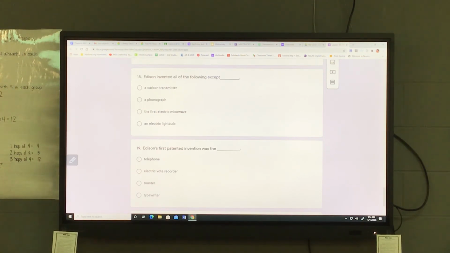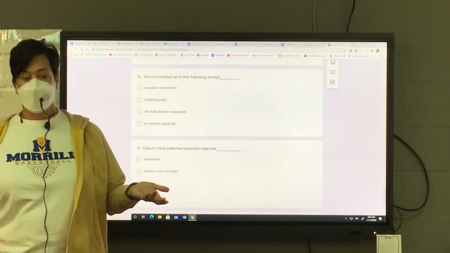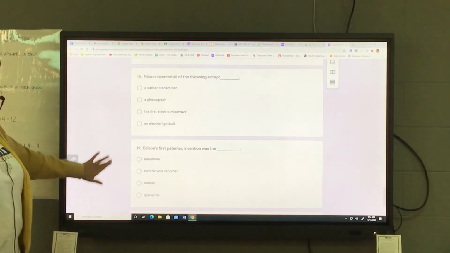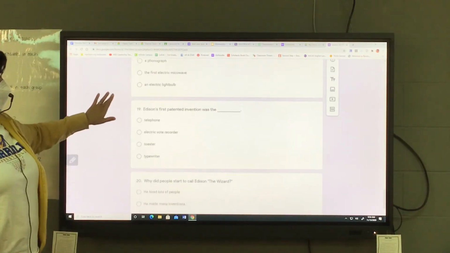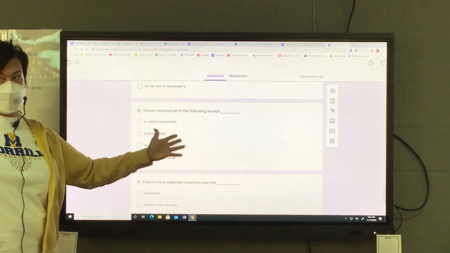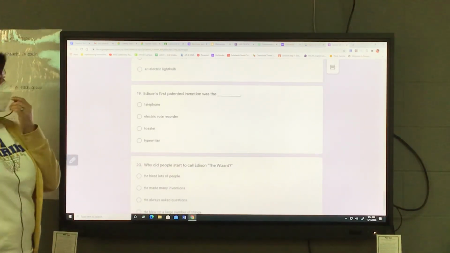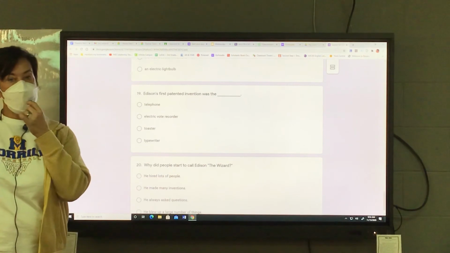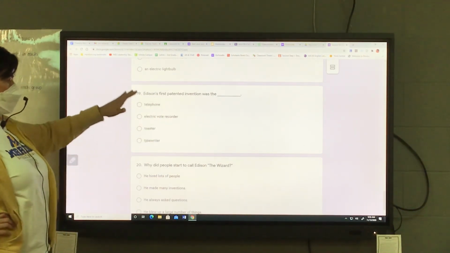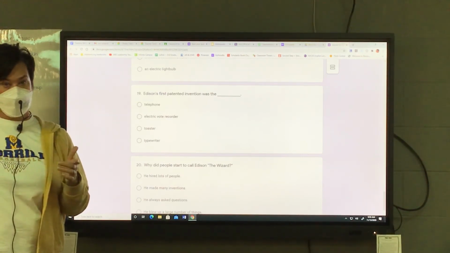If you're having a tough time remembering, is it okay to double check in your book? Yes. Absolutely. Okay, so if you weren't sure what this one was, I'm going to have you go back to it. But let's look at 19 too. Edison's first patented invention was the, which one was his first patent that he had?